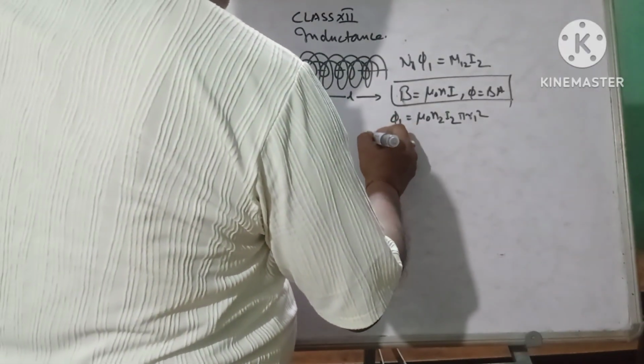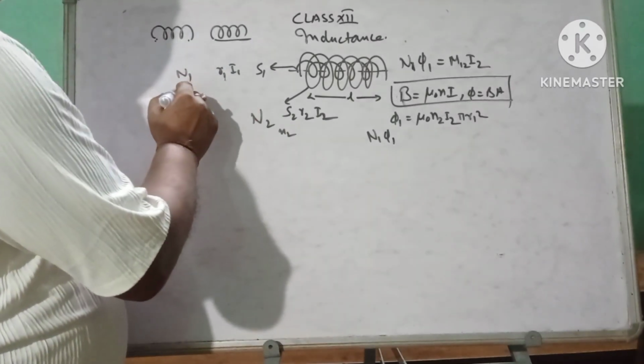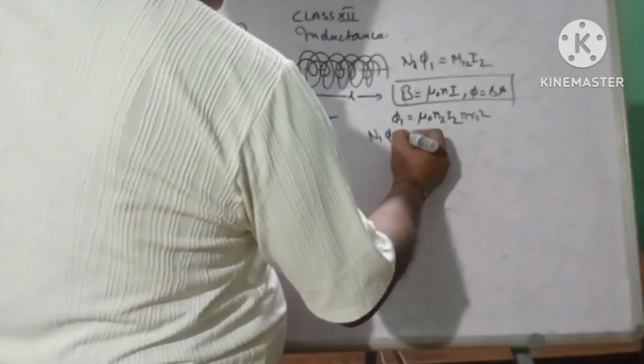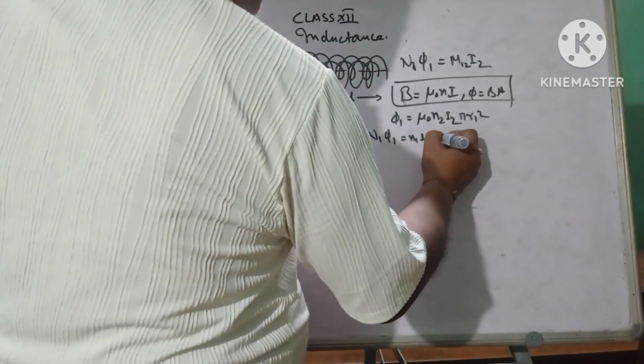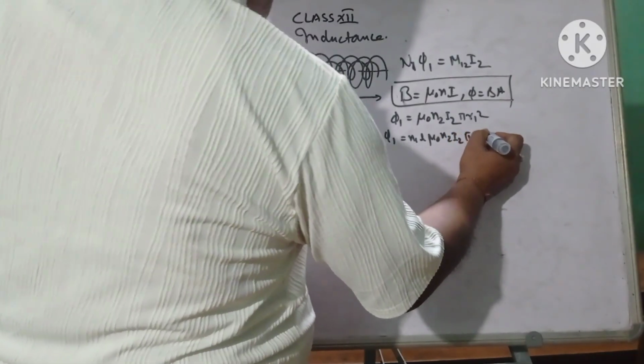And next, N1 phi 1, where N1 is the number of turns per unit length, so total turns will be equal to N1 L, times the constant, N2 I2 pi R1 square.